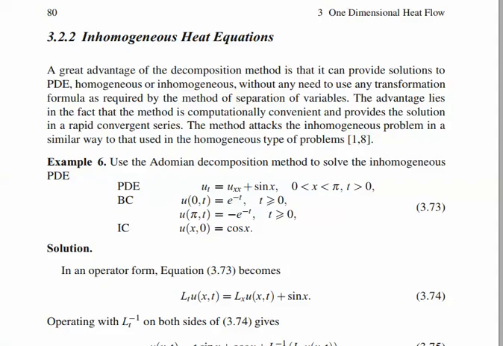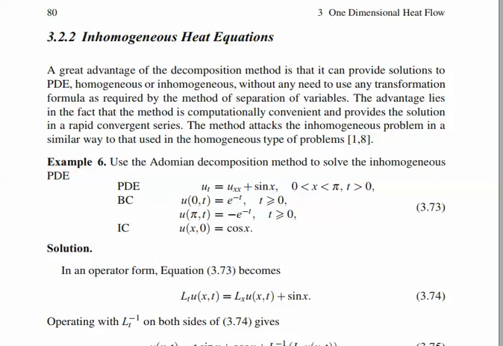So now the problem here is the inhomogeneous heat equation, and you already know what exactly inhomogeneous PDEs or ODEs are. So I'm not going to discuss the inhomogeneous form. It is your job to understand what exactly the inhomogeneous problem is.